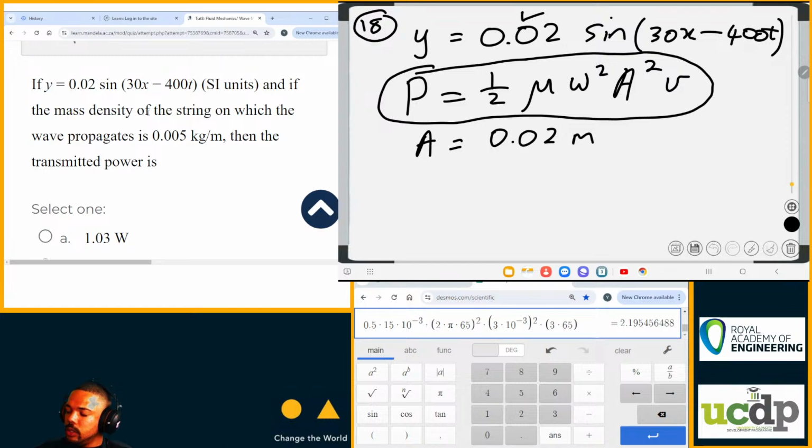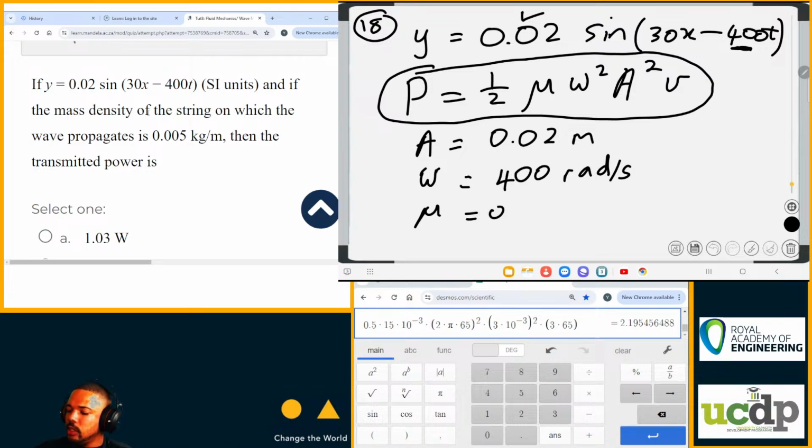The angular frequency has also been given to us. It is 400 rads per second. The mu here has been given to us as the mass density of the string.